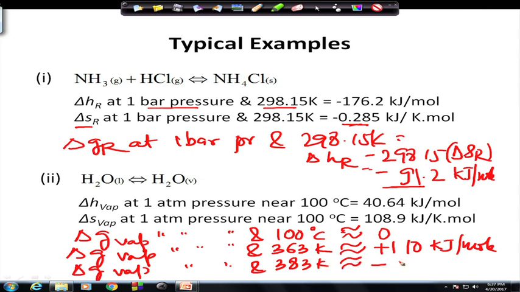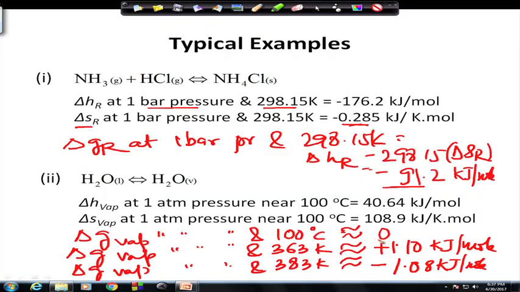You find this is around minus 1.08 kilojoules per mole. So, immediately from these particular values of delta G vaporization, you have got the answer why water vaporizes at 100 degree centigrade and steam condenses at 100 degree centigrade.